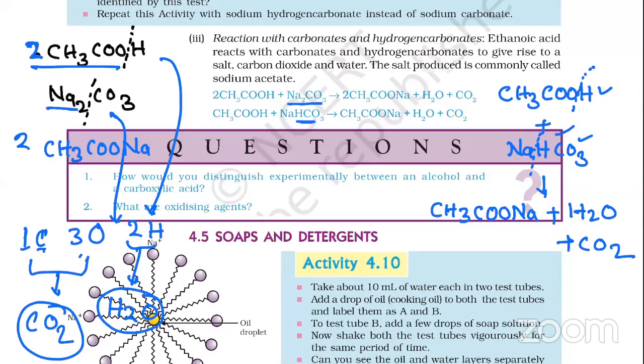The second test is reaction with sodium bicarbonate, that we have also seen earlier. CH3COOH plus NaHCO3. What will be the product? We have seen it earlier.